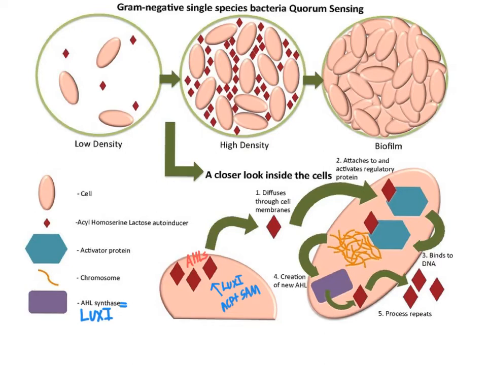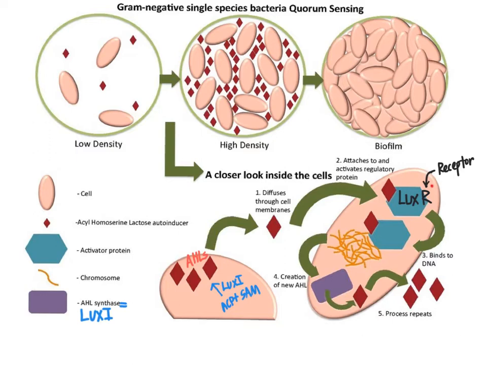Once the acyl homoserine lactone enters the receiving cell, the acyl homoserine lactone that we see here as the red diamond schematically is going to bind to a particular protein that in the case of the acyl homoserine lactones is referred to as LuxR. You could think of the R here and help you remember it as this is the receptor. It is going to be receiving the acyl homoserine lactone molecule.